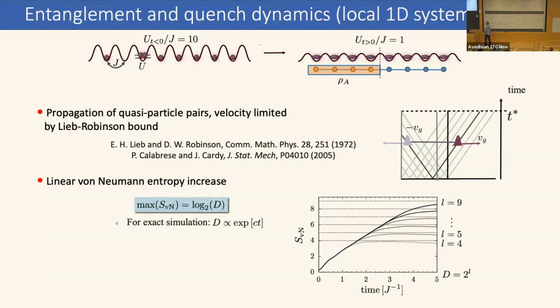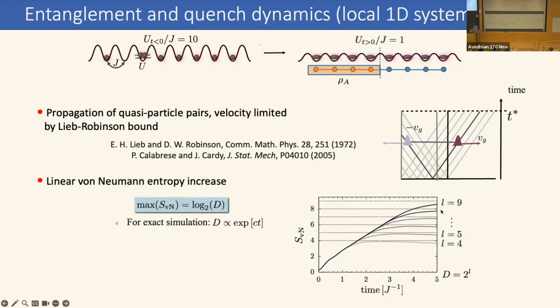Here, what we did was quench dynamics in the Bose-Hubbard model, going from the Mott insulator into a superfluid parameter regime, and you see the increase of this. This is a calculation done with time-dependent DMRG, or with matrix product states basically, and the bond dimension is growing exponentially.